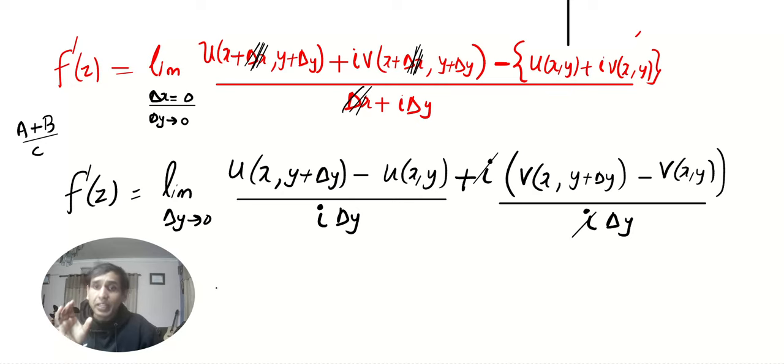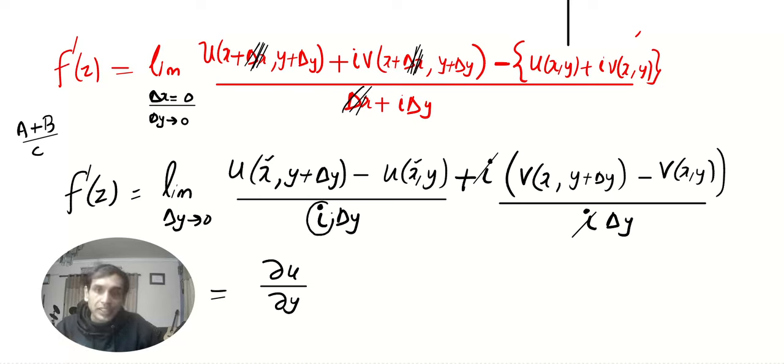Now listen very carefully. Once more, if you know partial differentiation, the curly d, you can understand we are keeping x as a constant, and we are learning about the change in y, which is nothing but del u by del y, or the partial derivative with respect to y.